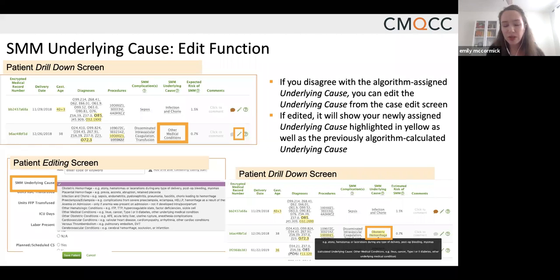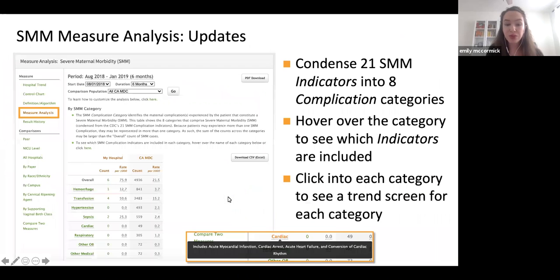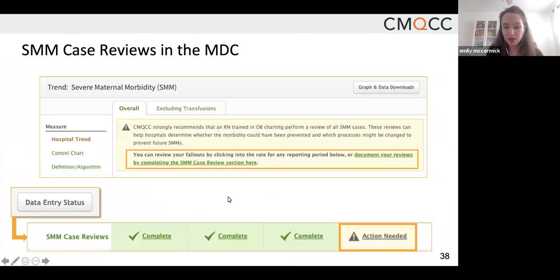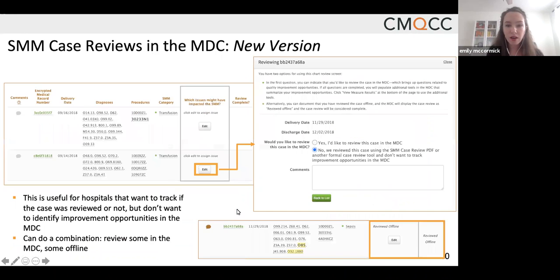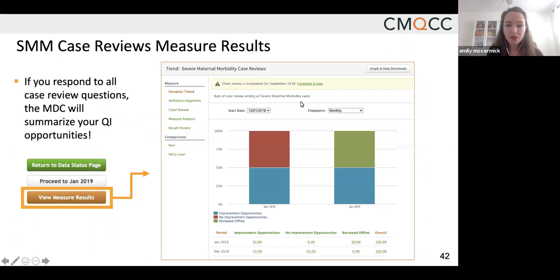I will point out one thing for those of you that were using the historical version of the case review function. So that data is preserved in the Maternal Data Center. So we didn't just wipe it out with the new updates. Just know that you can access it by clicking into a previous month and then clicking View Measure Results, or on you'll see a See Measure Detail or See More Details link here at the top of the new trend screen.